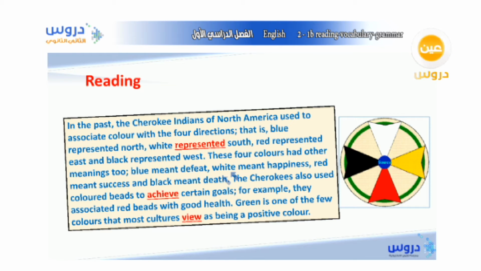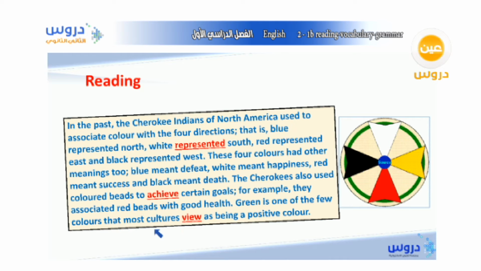Blue meant defeat, white meant happiness, red meant success, and black meant death. The Cherokees also used colored beads to achieve or get certain goals. For example, they associated red beads with good health.